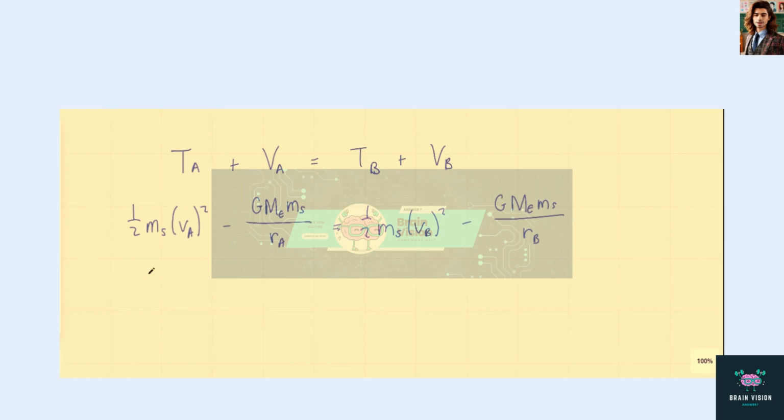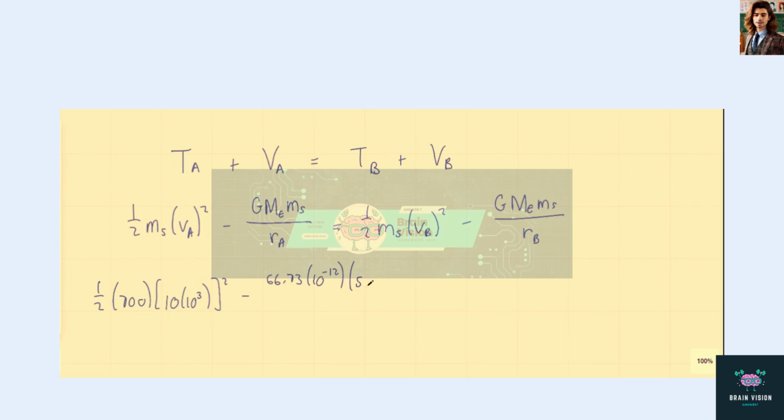Now we can substitute our values again into this equation, and we get half times 700 times 10 times 10 to the power 3 all squared, minus the gravitational potential term, where G is 66.73 times 10 to the minus 12 in SI units.